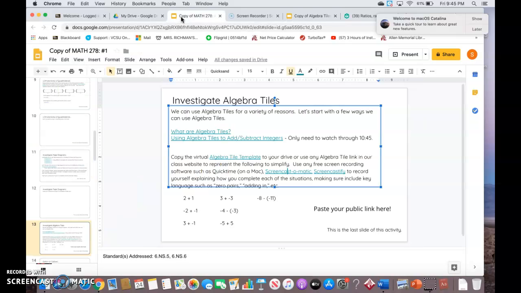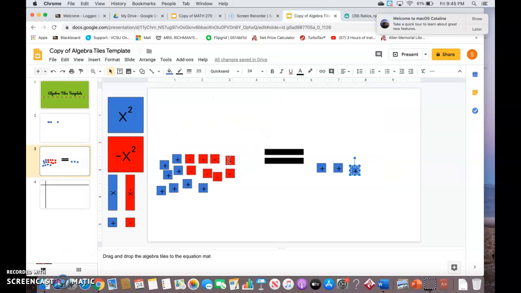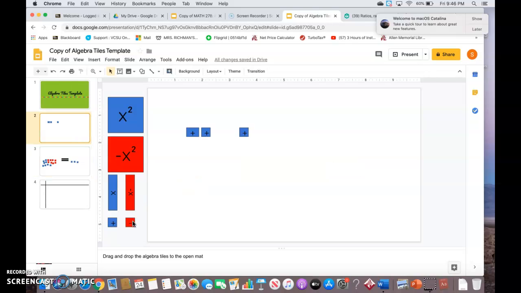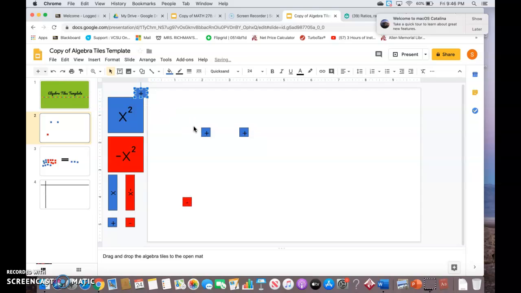The next equation is negative 2 plus negative 1, which is fairly simple. To do this, a person could go ahead and simply take negative 2, after removing these from the thing here so we won't be confused.